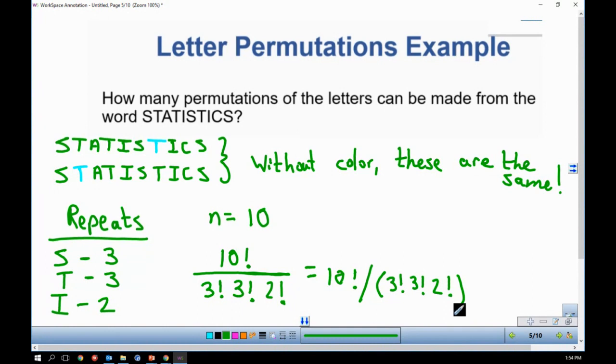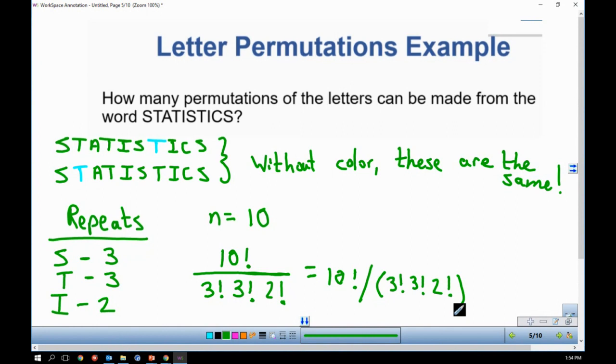I got 16,800. I think we actually might have entered something in wrong.